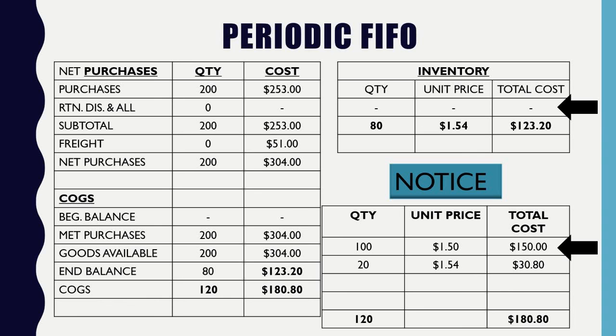Okay? Either way, no matter where you're at, you're going to subtract it from your goods available and you should get an even number. Always. You're never going to calculate both of them and place it in there because, again, we're dealing with inventory.